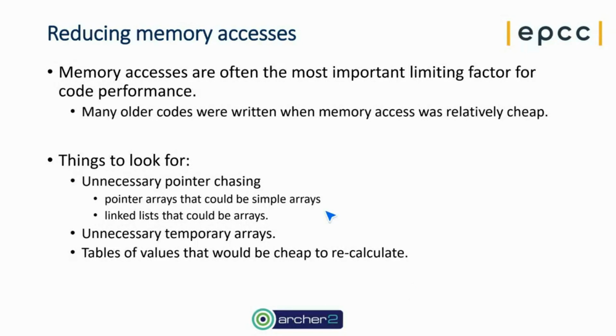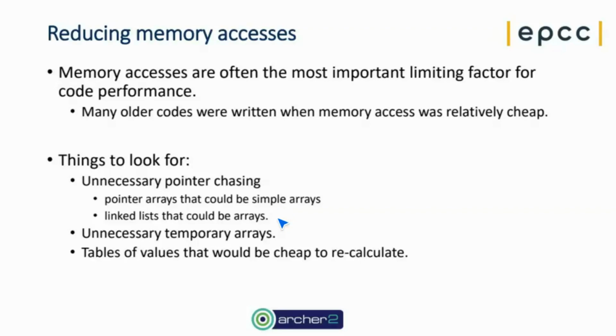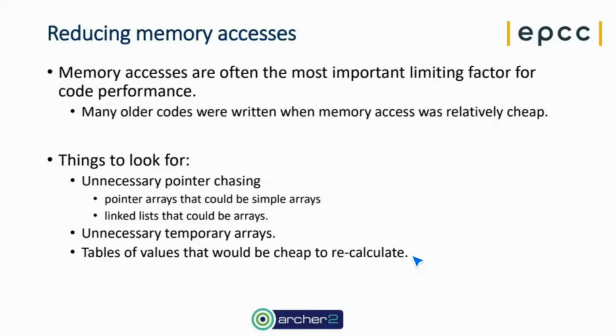Unnecessary pointer chasing. If you can use straightforward arrays instead of pointer arrays, that can be good. Or don't use linked lists if you can get away with arrays. Memory accesses are expensive, so it may not be worth creating big lookup tables.